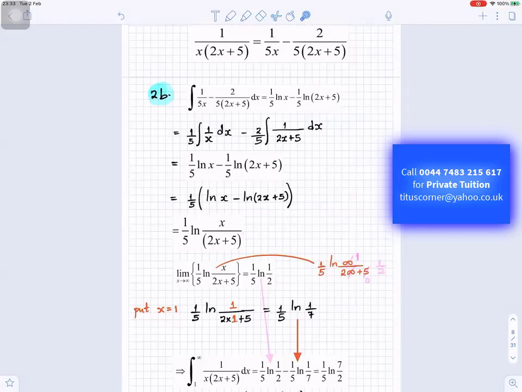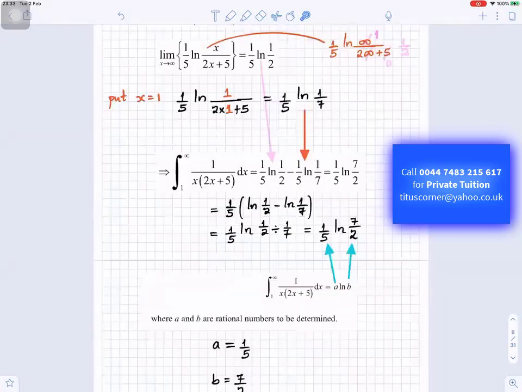Now we need to start to work out with the limits. The limits go from 1 to infinity. So let's find out the limit as x tends to infinity. What this means is as x becomes a very large number. So when x becomes a very large number, we will replace x there with a very large number, say as large as you can think of.